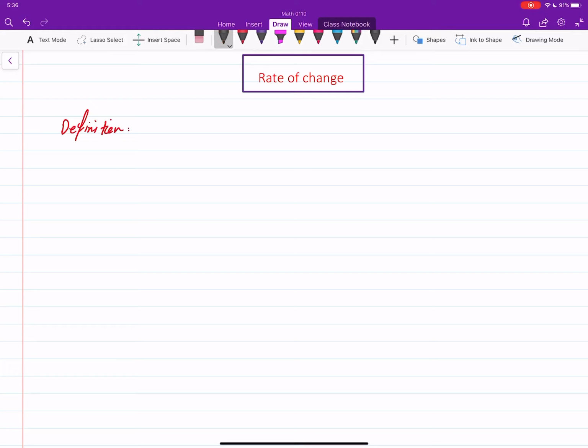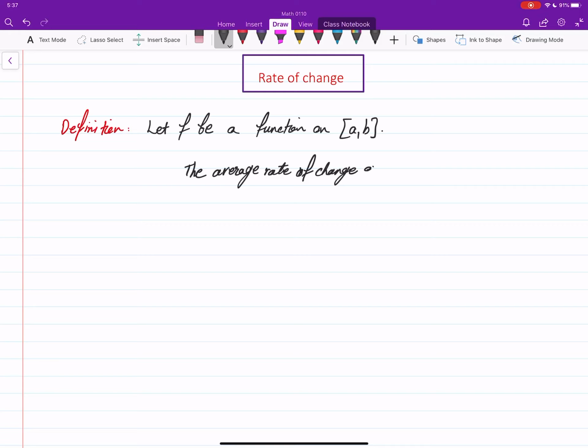So we have a function. Let f be a function defined on the interval [a, b]. Then this is the definition: the average rate of change of f on the interval [a, b] is equal to this value.